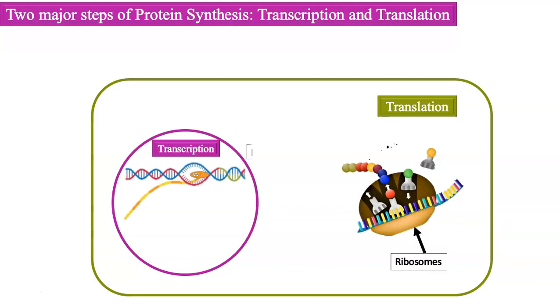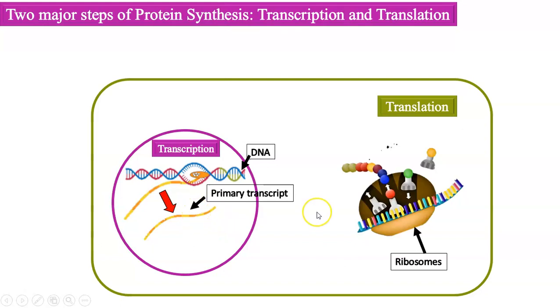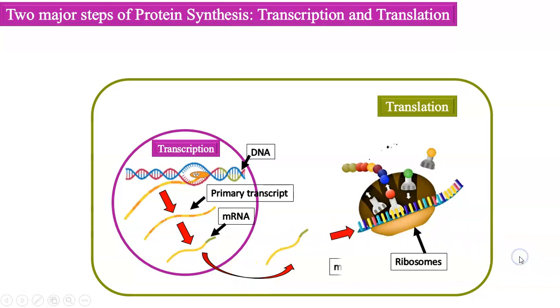In transcription, the information from DNA is transferred to RNA, and the RNA formed during this process is called primary transcript, which undergoes maturation to become messenger RNA. Then the messenger RNA comes out of the nucleus through the nuclear pore and gets attached to the ribosome.